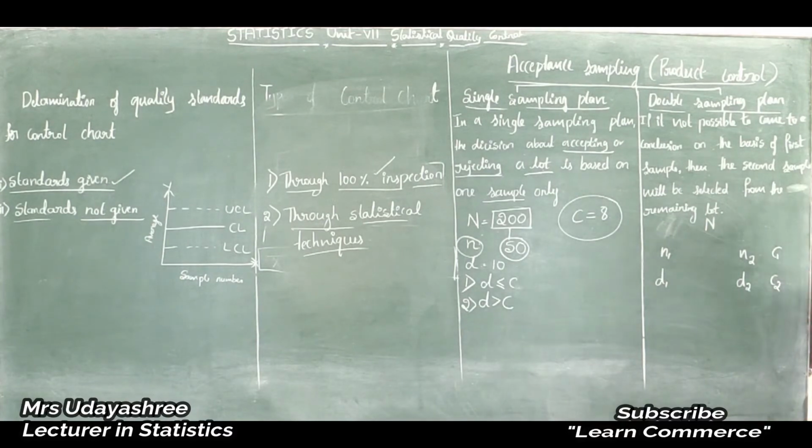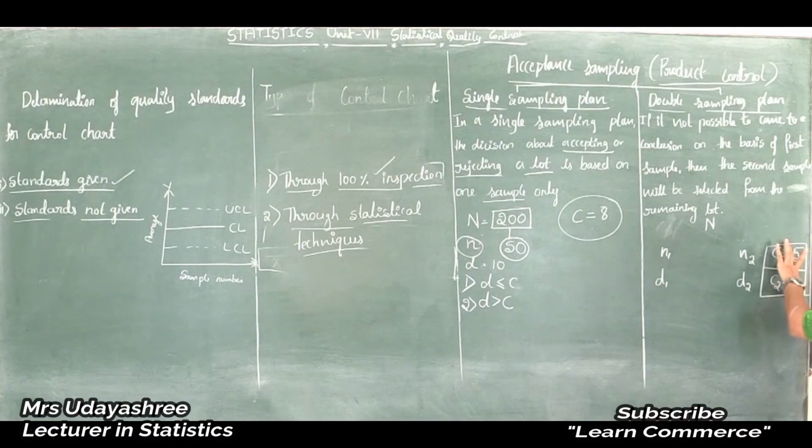The acceptance number is the maximum number of defectives allowed in the sample. I will take C1 as 5 and C2 as 10.